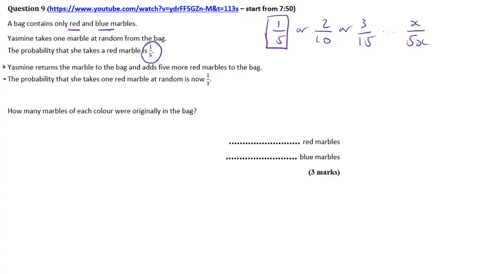Now, 5 more red marbles are added, so the number of red marbles on top here, we add 5 to it, and the total number of marbles, we add 5 to that as well, and we're told the probability is now 1/3. So these are equal to each other. So if we multiply both sides by 3, both sides by 5x plus 5, then we can go on to solve the equation.